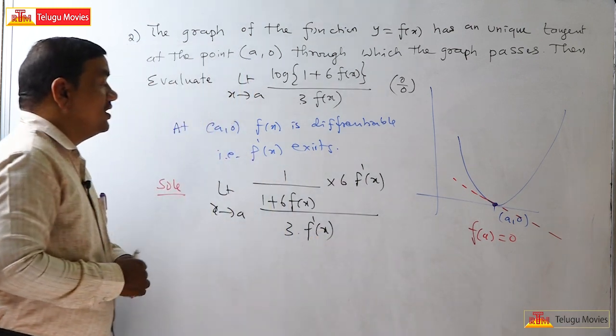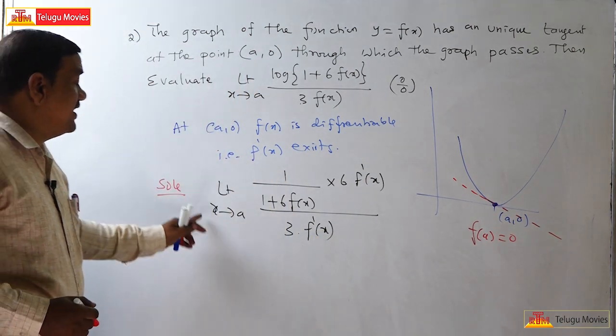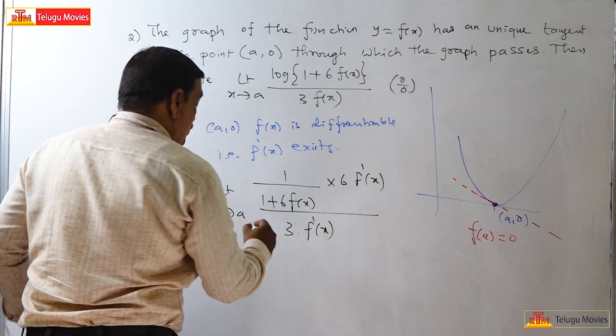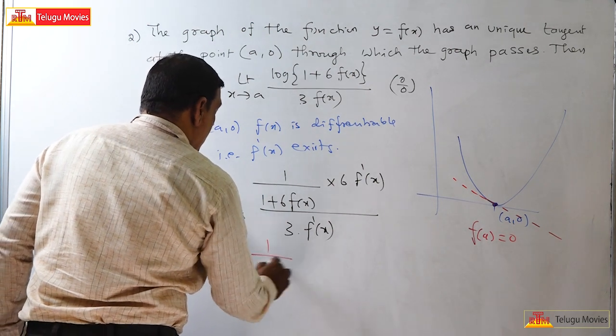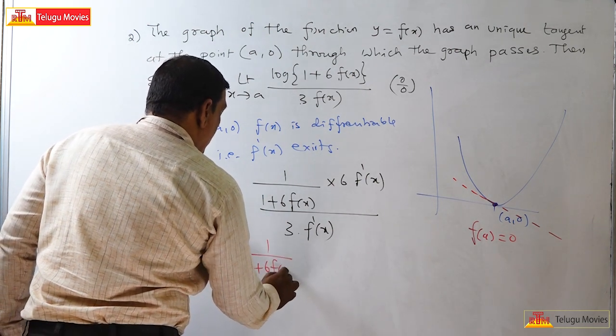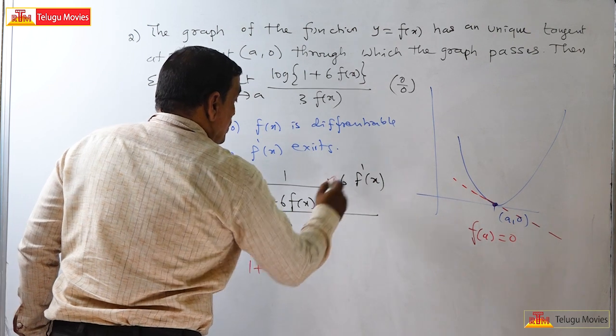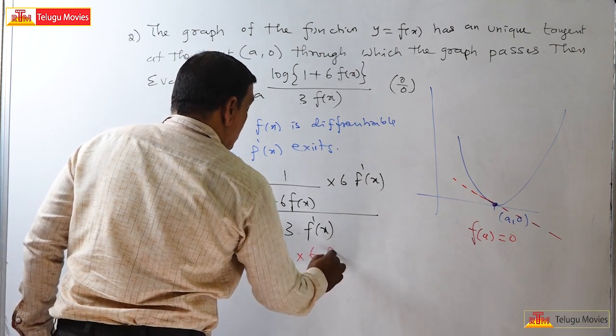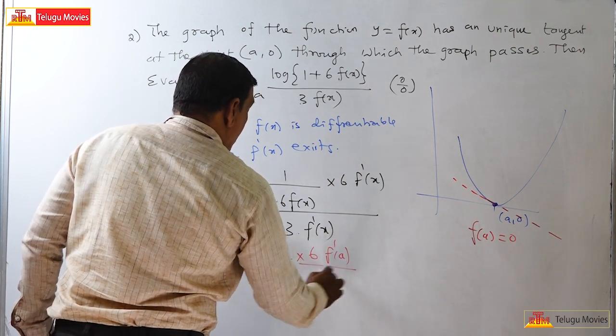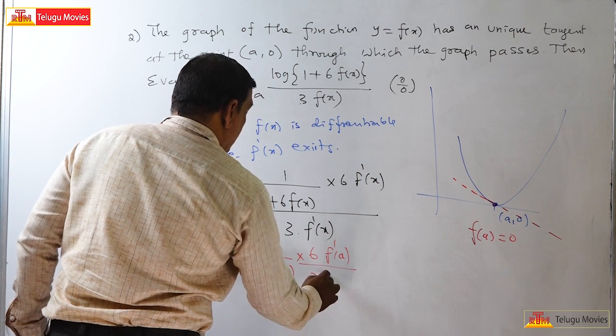Okay now. Since limit x tends to a, now substitute. So this is equal to 1 by 1 plus 6 into f of a into 6 times f dash of a by 3 times f dash of a.